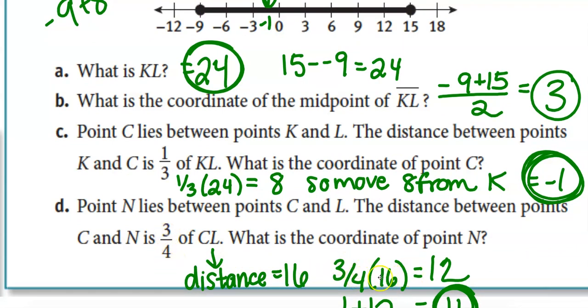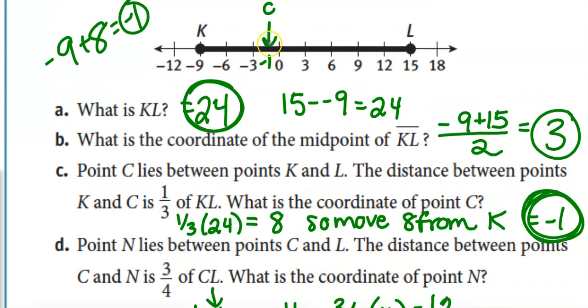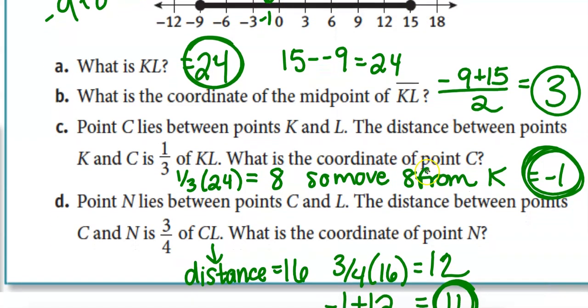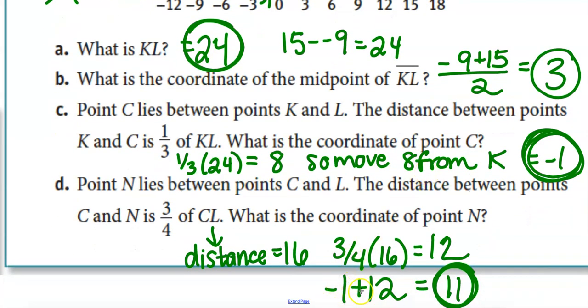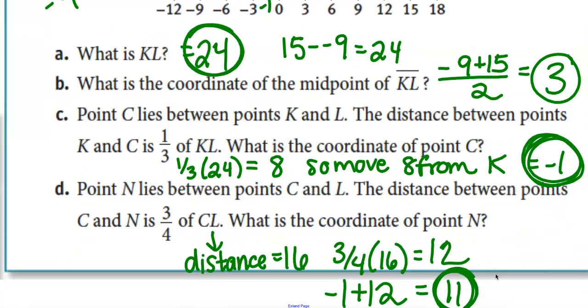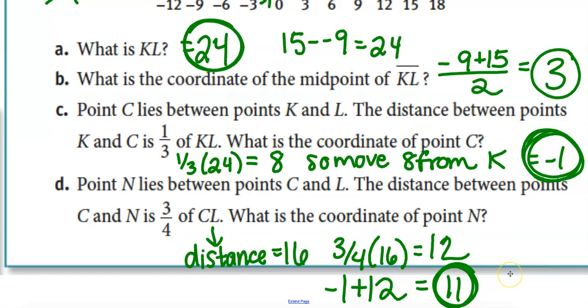So I'm just going to say 3/4 times 16, which is 12. So I'm now moving 12 units from point C. So I'm starting at point C, moving 12 units. So that's the same thing as saying I'm starting at a negative 1, moving 12 units in the positive direction. 12 minus a 1 is an 11. So N is going to be located at 11 on the number line.